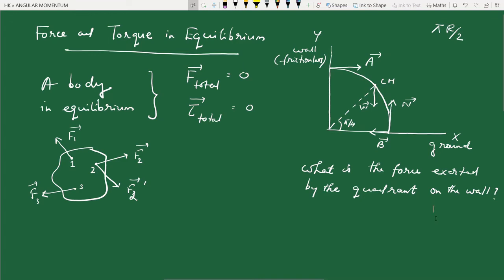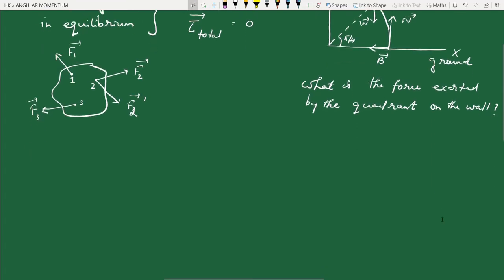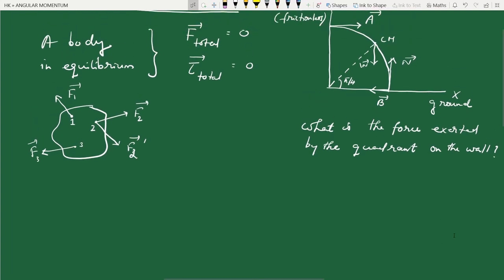Now, when the rod is in equilibrium, the total force must be zero. That means the total force must be zero in the horizontal direction as well as in the vertical direction. What are the forces in the horizontal direction? Force A is acting towards the right and force B is acting towards the left.